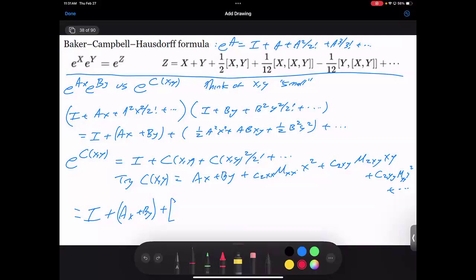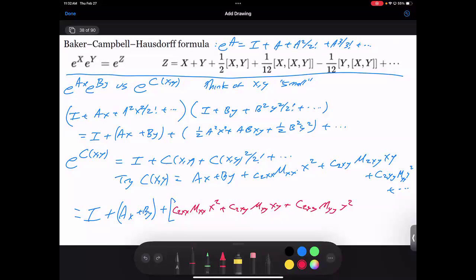So I would get c2xx mxx x squared plus c2xy mxy xy plus c2yy myy y squared. And those would be all of the degree 2 terms coming from the cxy piece.